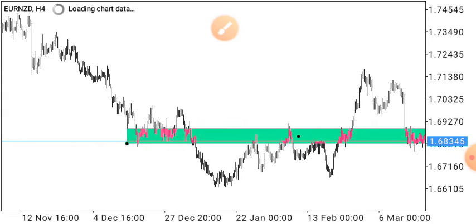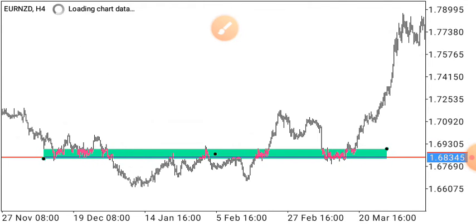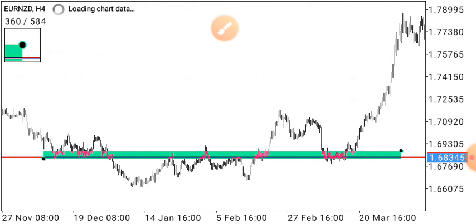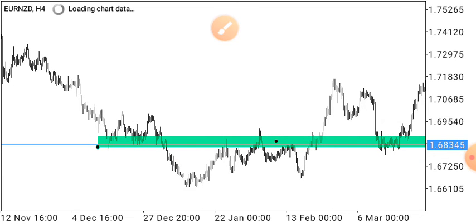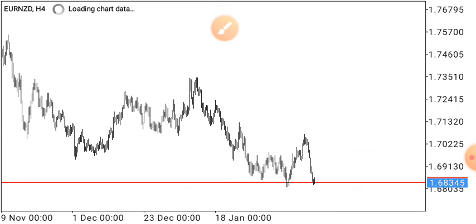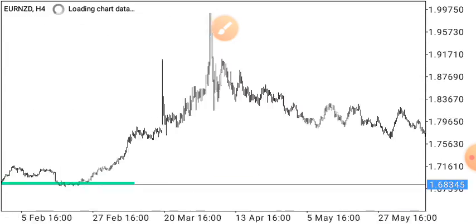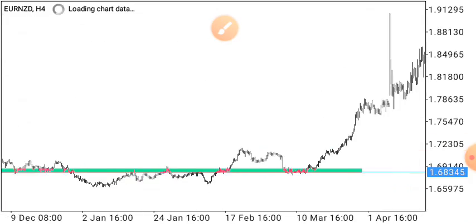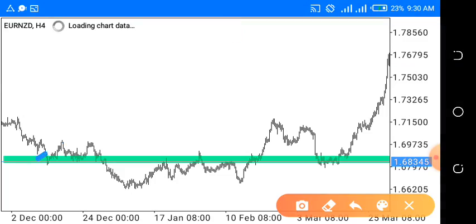Let me explain this place. Different brokers will be giving you different prices. So you can see it was a support right here. Price bounced, it bought again. It broke below it and bounced from it and sold.